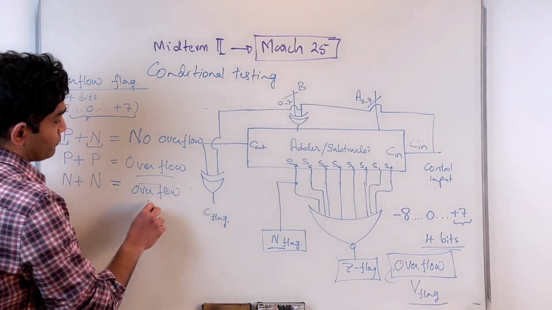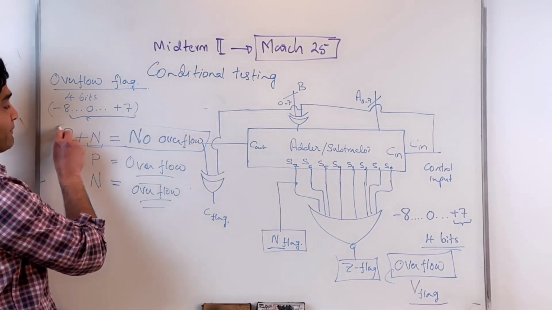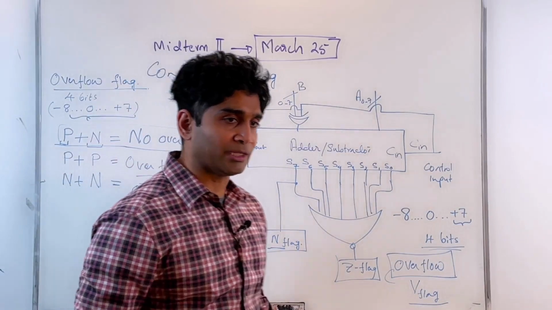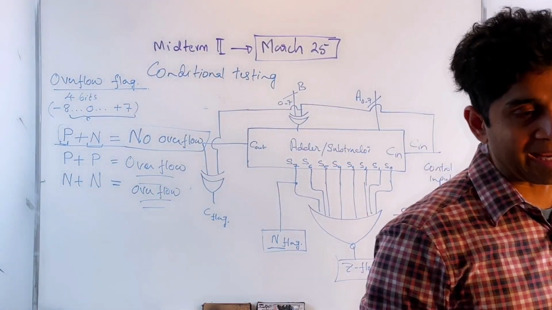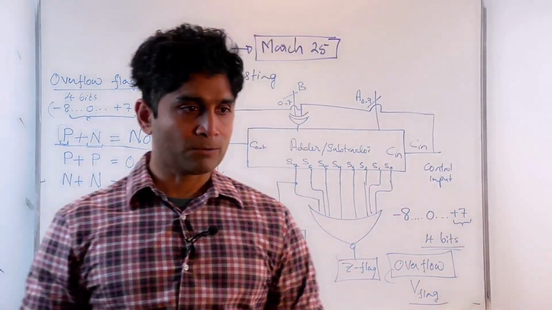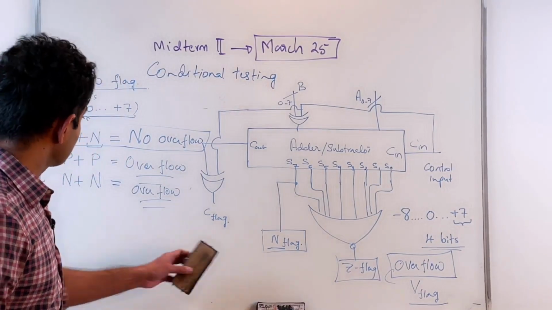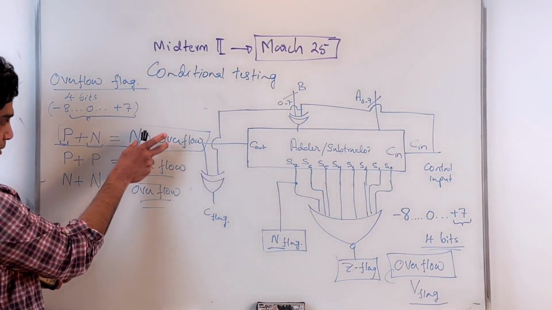But when I add positive to negative, I can be sure that there will not be any overflow, because the resulting answer would always be contained within that range. Okay, all right, so we don't have to worry about that.